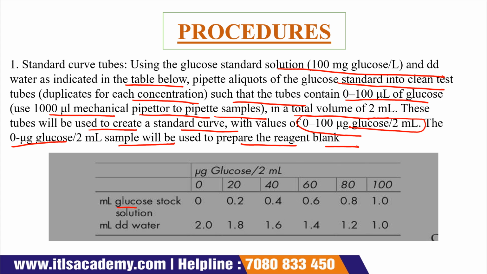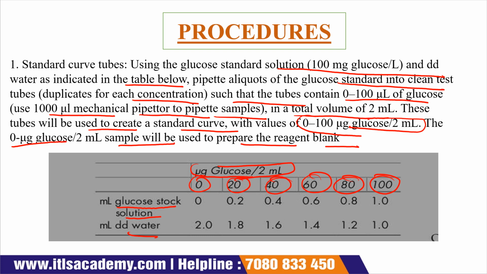So here is the ml of glucose stock solution, and here the amount of microgram glucose per 2 ml, and this is the ml of double deionized distilled water. This is your 0 microgram, 20 microgram, 40 microgram, 60, 80, 100 microgram. So when we are taking 0 microgram of glucose solution, in this case we are not going to add glucose stock solution.